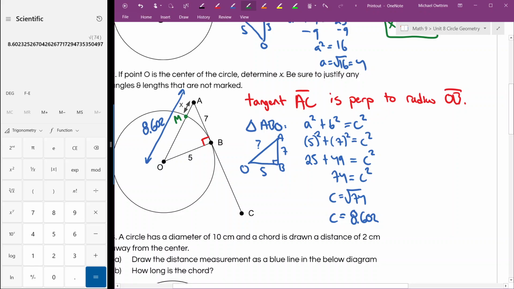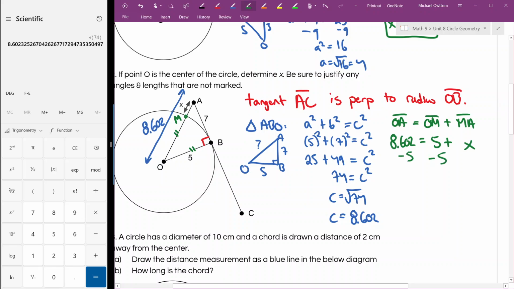And let's say that OA is equal to OM, part inside the circle, plus MA, the part outside the circle. OA we just figured out, that's our 8.602. Now O to M is a radius, so I know that O to M is the same as my 5, that's O to B. And M to A is my x that I don't know.